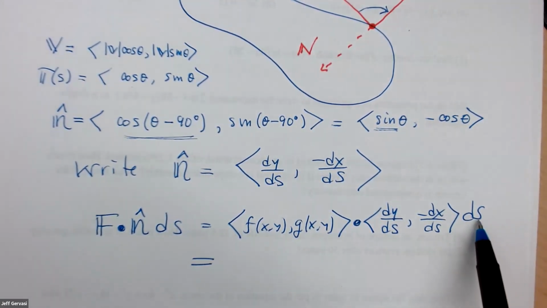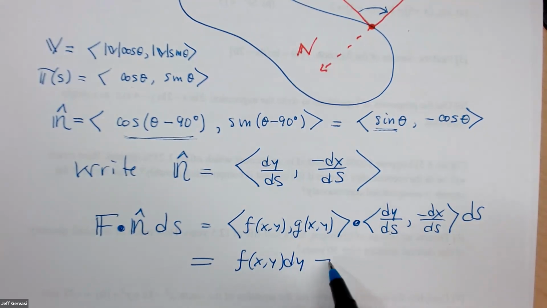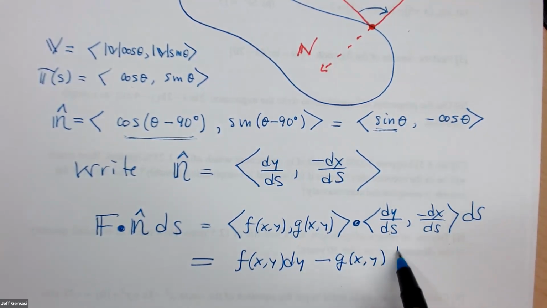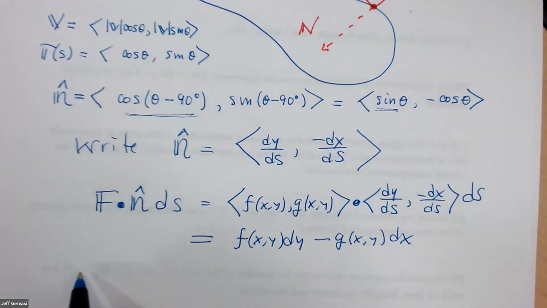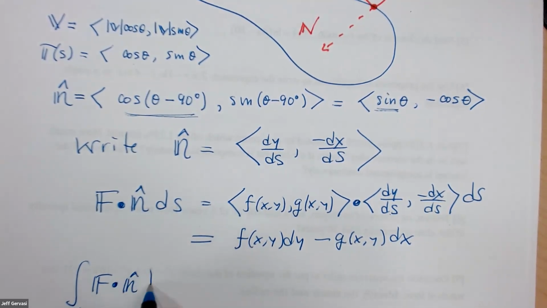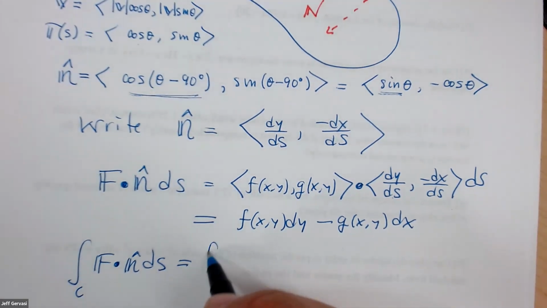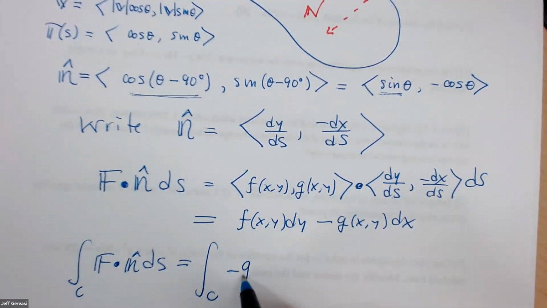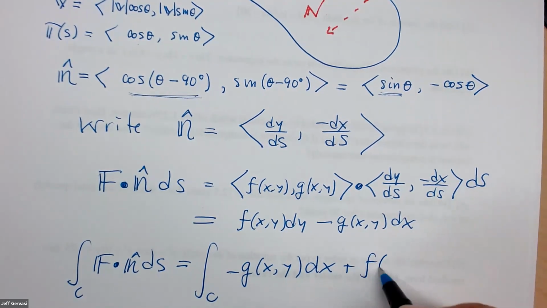Okay, notice that the ds here will cancel with these. Okay, and so we say the integral of F dotted with n ds is equal to the line integral of this expression.